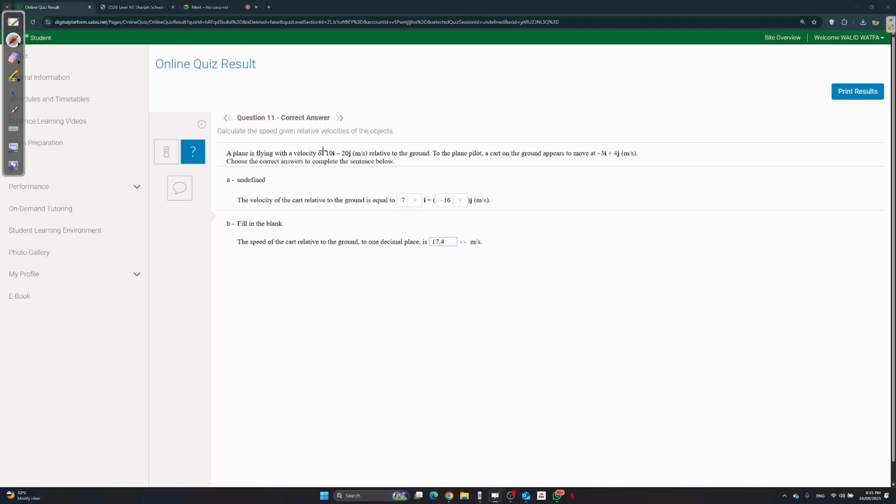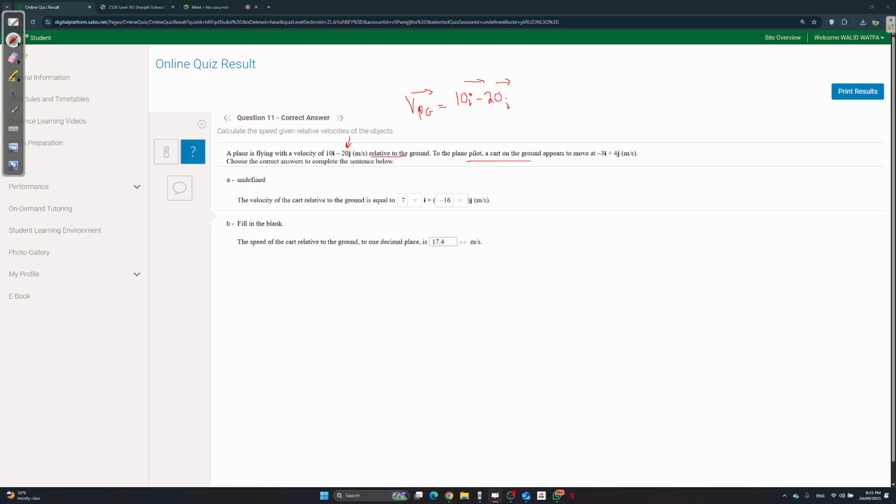Alright, a plane is flying with a velocity of 10i minus 20j relative to the ground. So we're just going to say V plane relative to ground. When they say this, write it down. Sometimes you just say V train, like in the previous question, they just said the velocity of the train. Here they're saying plane relative to ground. So write it down: VPG is 10i minus 20j.